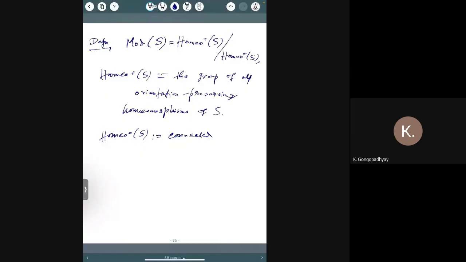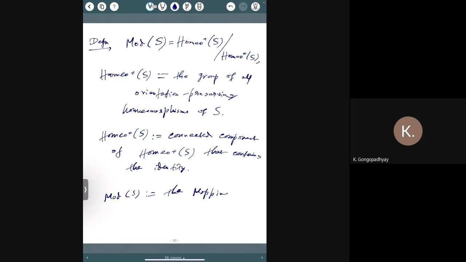of Homeo plus S that contains the identity. So this group is called the mapping class group of S. And this group naturally acts on the Teichmuller space.